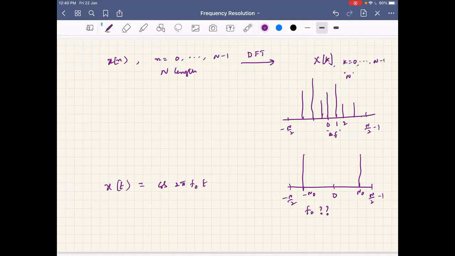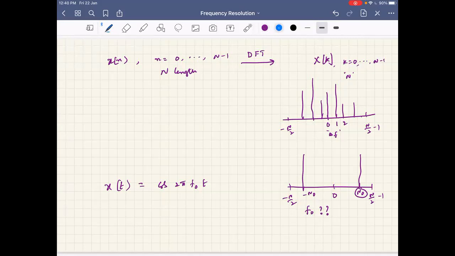During that process, a couple of operations happen that will guide us to tell which frequencies the peaks, or the sequence index where we get the peaks, correspond to.